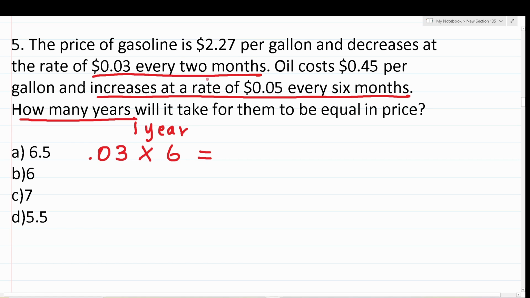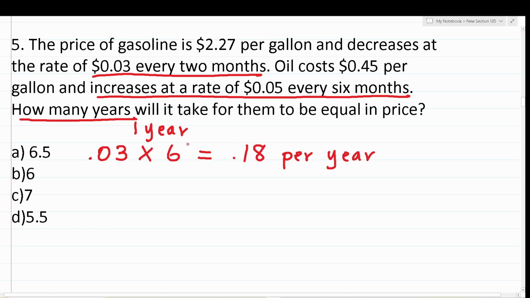Again, there are 12 months in a year. 12 divided by 2 is 6, so multiplying 0.03 by 6 will tell us how much it decreases per year. You should know that 0.03 times 6 is going to be 0.18. So in other words, the price of gas decreases by 18 cents per year.